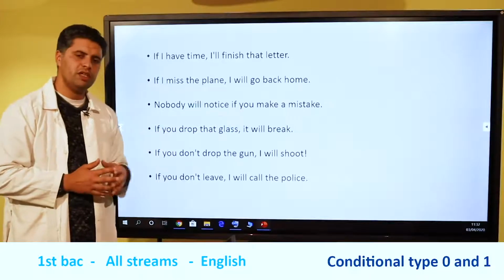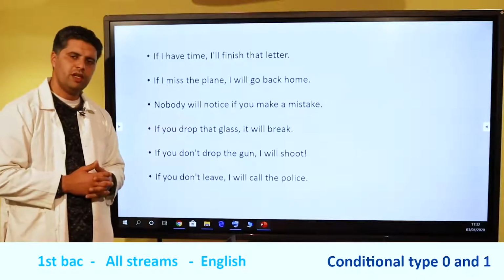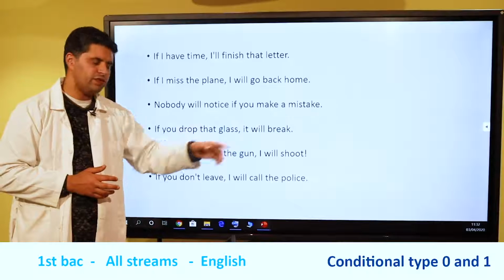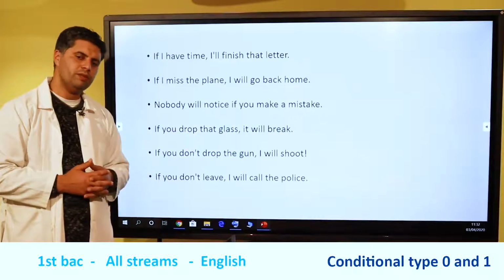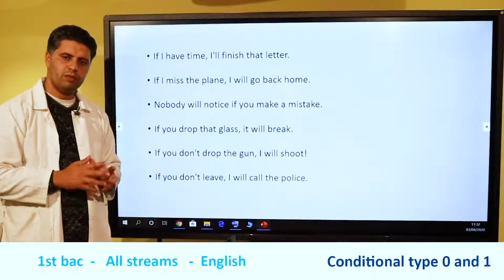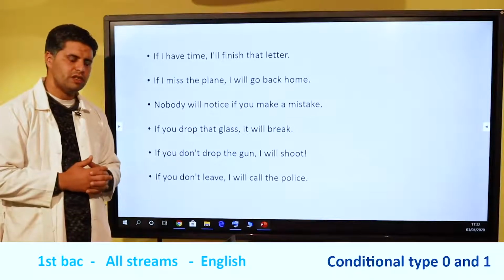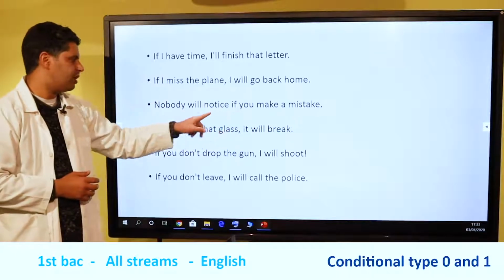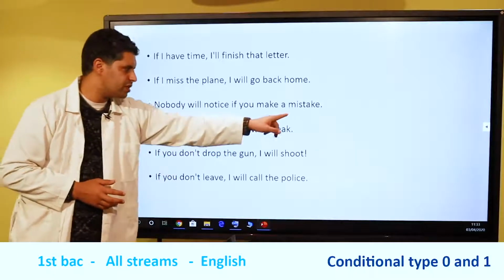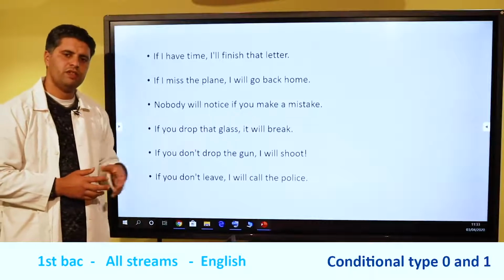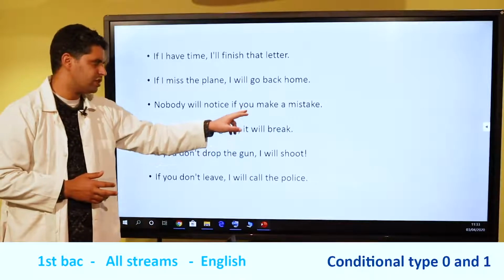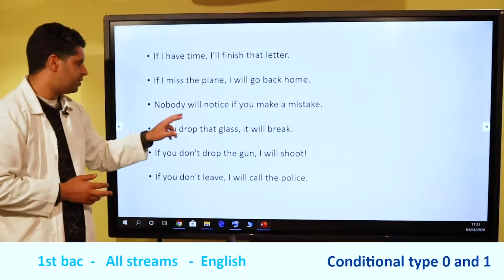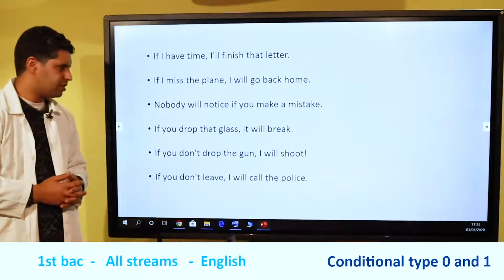If you make mistakes, as you can see, conjunction plus subject plus the verb to make, and here the verb to make is used with the present simple. Why? Because it is the conditional type 1. So the if clause, as you can see, and here we have the main clause. The if clause is used with the first structure, which is conjunction plus subject plus verb, and here we have the future simple.